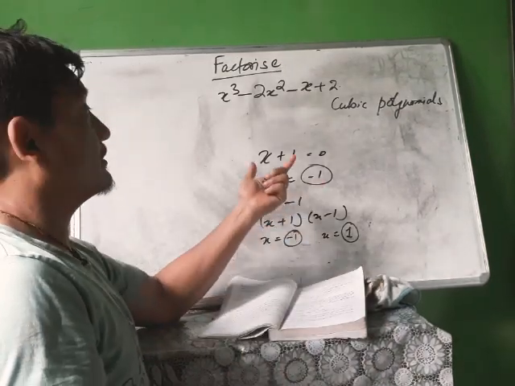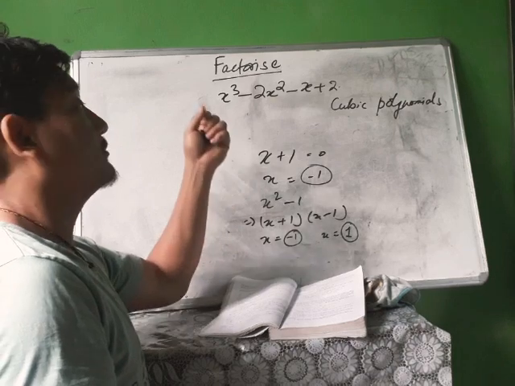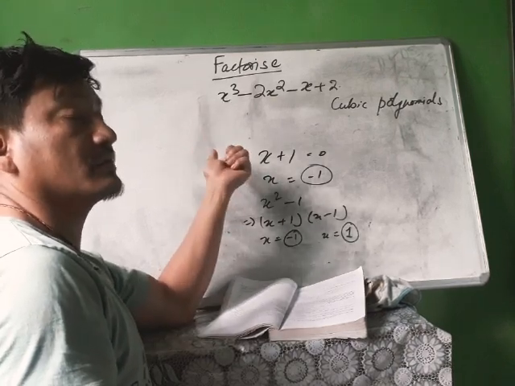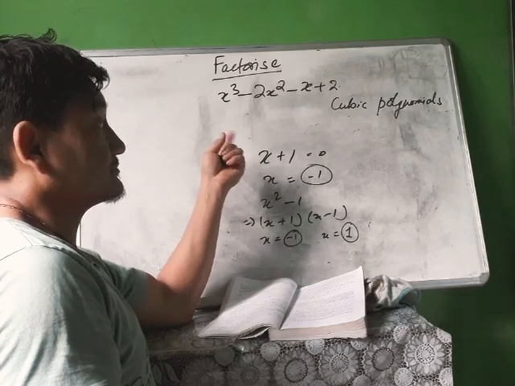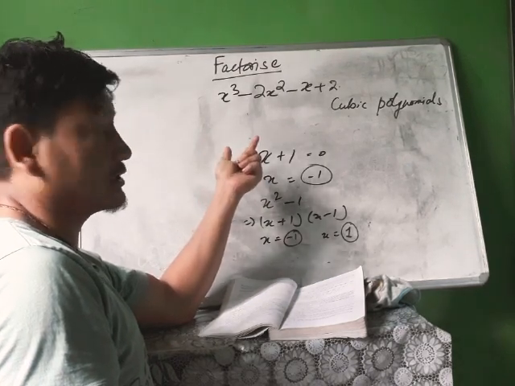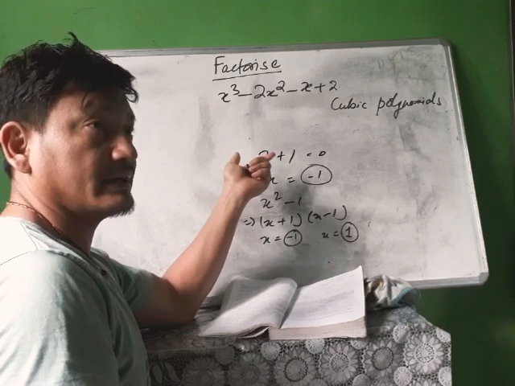So to get the value of x, or to get the root of the cubic polynomial, first you need to find the factors.